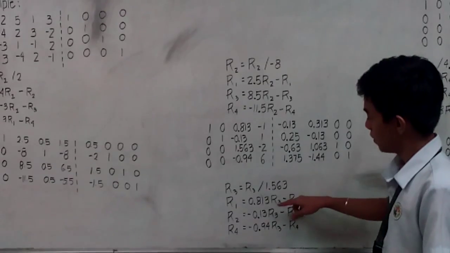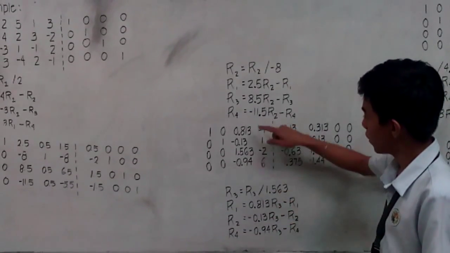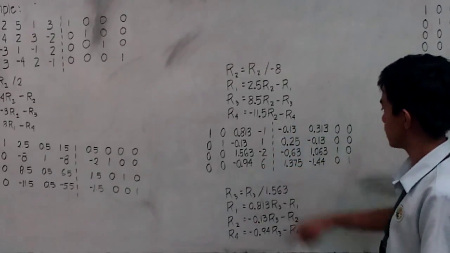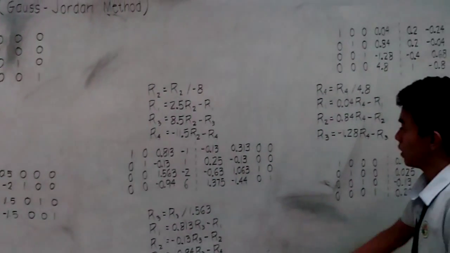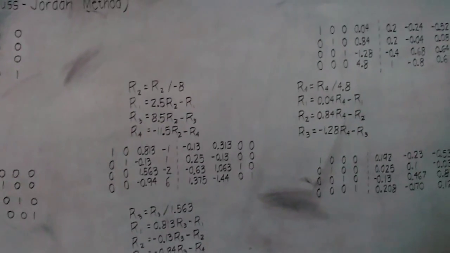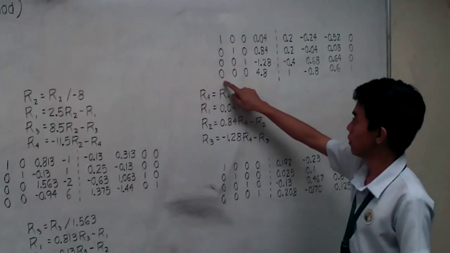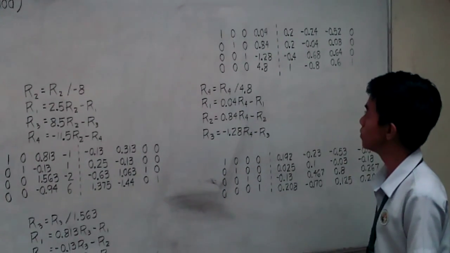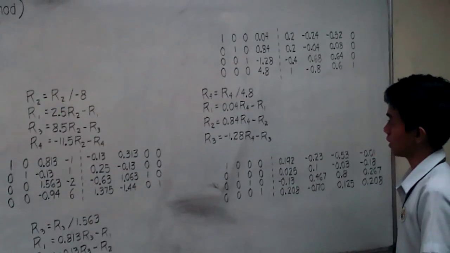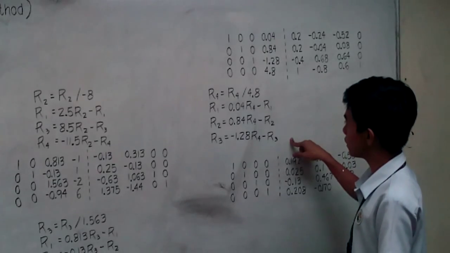Another thing, we have these coefficients just copied from these elements of the matrix. And then after we perform these formulas, we will come up with this matrix. So as we can see, we have the first, second, and third columns turned into an identity matrix.